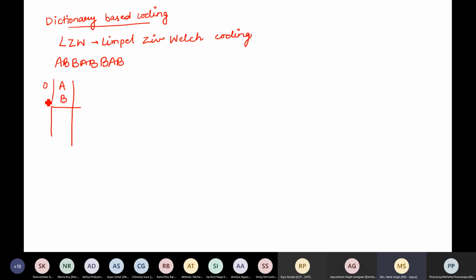The dictionary has two entries already, that A is coded as 0 and B is coded as 1. But later on, if A is followed by B multiple times, for example here A is followed by B, A is followed by B, then what dictionary coding does is it keeps on adding the modified versions.